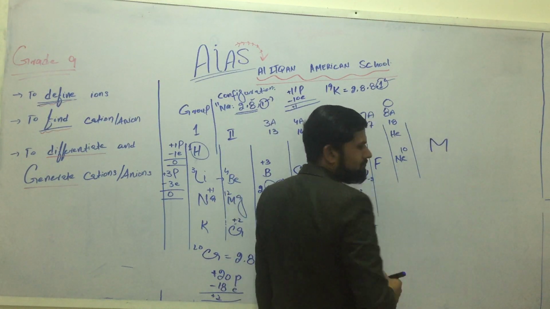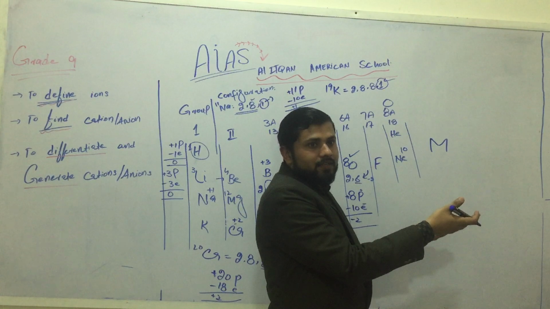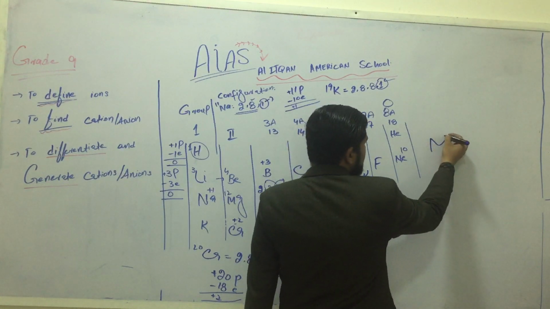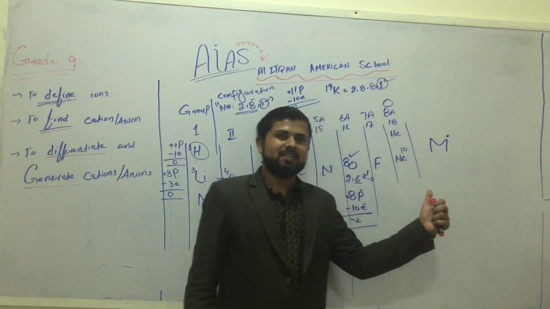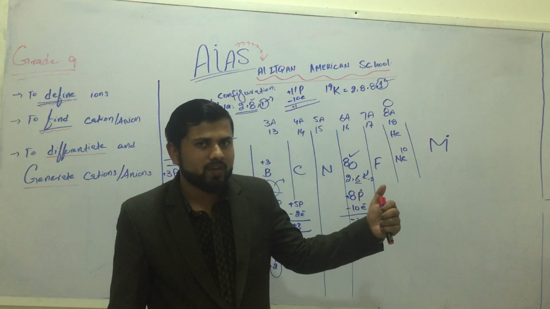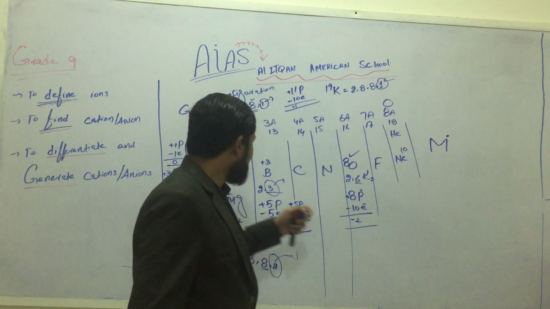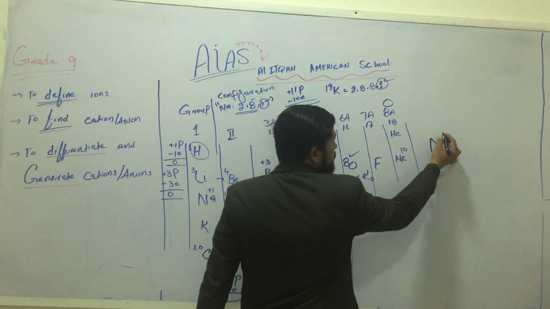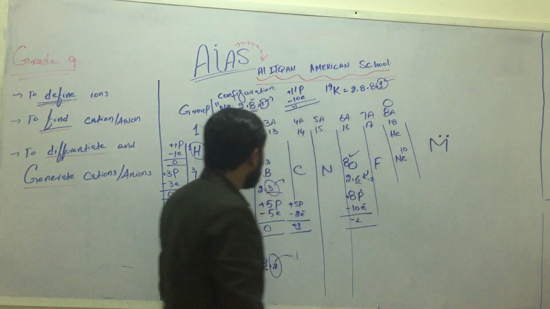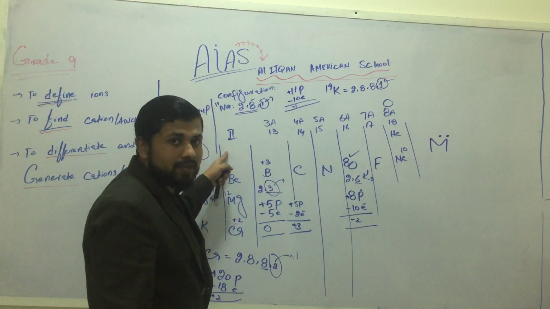Let's say metal. It can be any element. If I mention here 1, that means this metal belongs to which group? Yes, group number 1, because I mentioned 1 here. If I mention here 2, it belongs to group number 2.